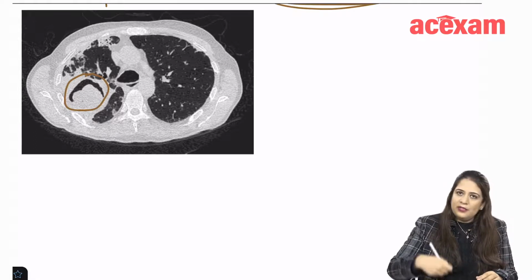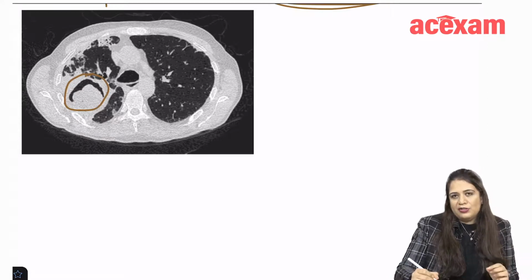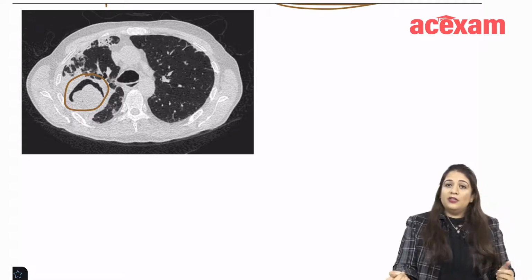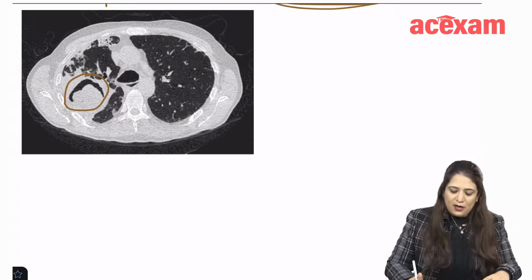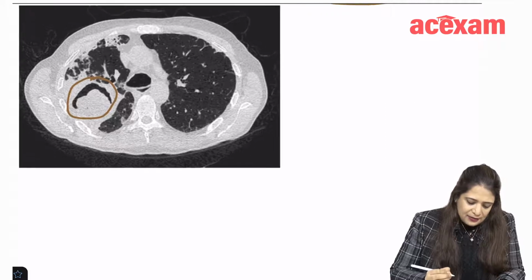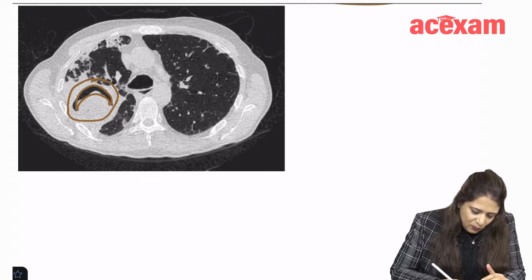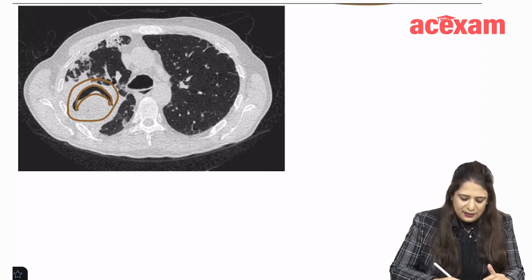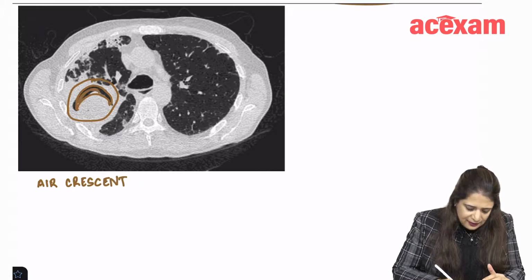So either you may be provided next time by not this image but just this sign, air crescent sign, or a radiological image may be provided to you in the absence of the cytological picture. So questions can come anyhow. This is a CT scan, and this view is showing this air crescent sign. What is this air crescent sign? Crescent is this, right?